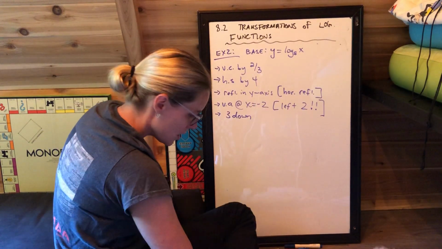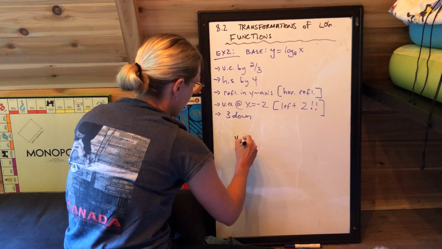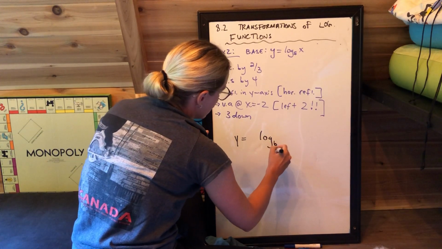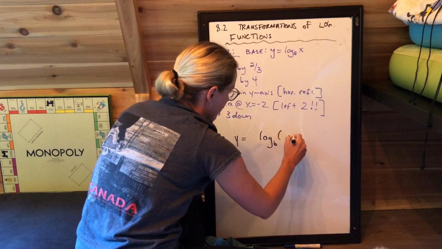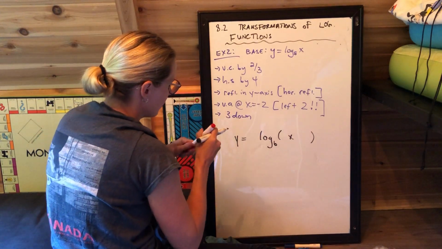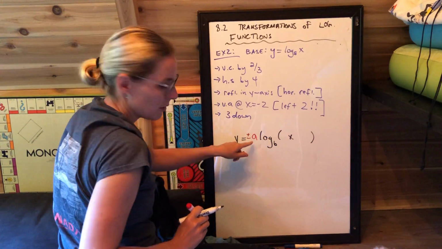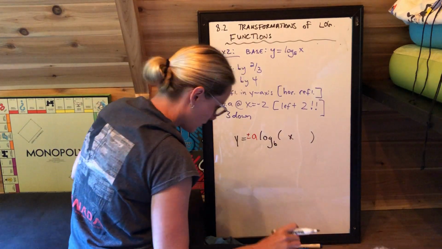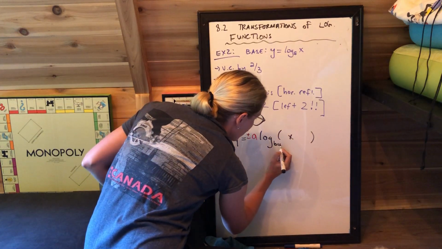All right. So if this was sort of a generalization of things, log, whatever your base is here, I'm just going to put log b because this number is going to change all the time. If I was going to write this in a form that looked at everything, we can have a plus or minus out front. We can have a vertical stretch or compression here. And then I'll put the word base here.